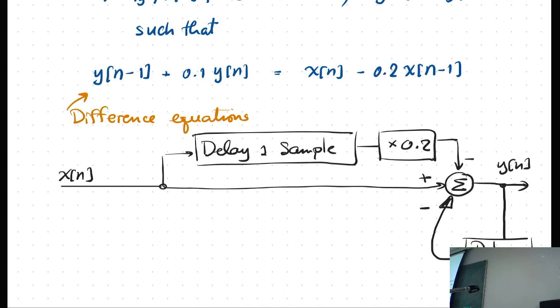Then you have to move this to the right and subtract it from the rest.